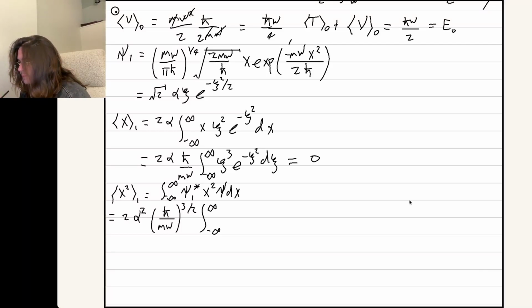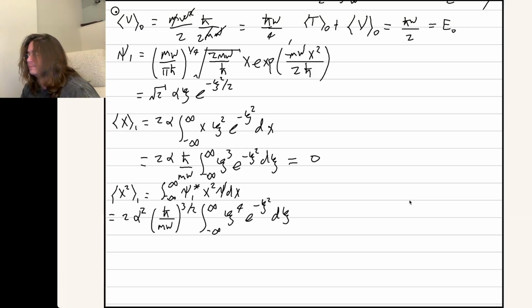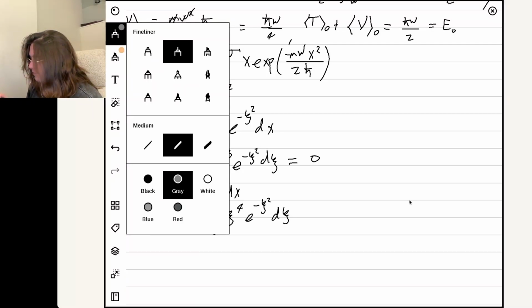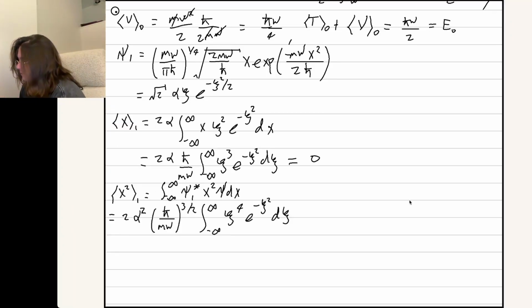Integral over all space of xi fourth e to the minus xi squared dxi. And at this point, it's worth introducing, I think this is the last table integral that we had to look at, but it has to deal with Gaussians that are multiplied by its arguments to the fourth, which is given by 3 times the square root of pi over 4, right?